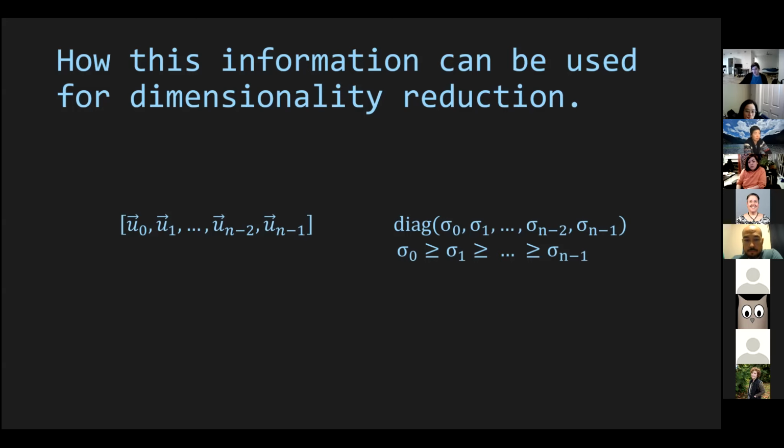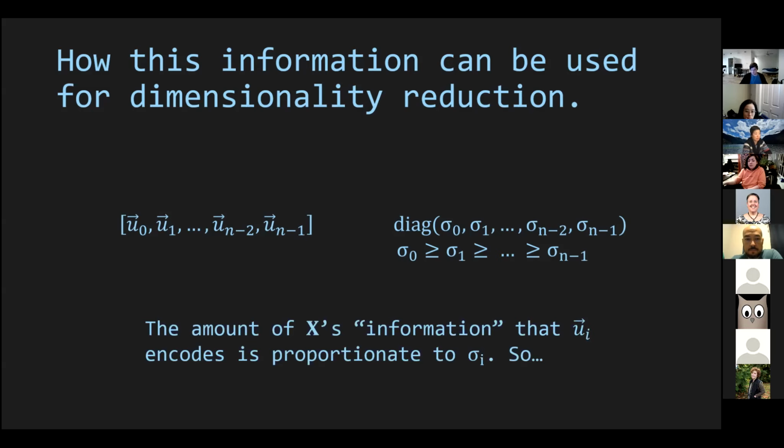So what we can conceptually do is take the least significant elements and just chop them off, just discard them. And then we end up with U having the same number of rows, and 2 or 3 columns if we're trying to visualize stuff. Maybe we're going not from 784 to 2 or 3, but from 784 to 50, just to make the data more workable for some other computation.